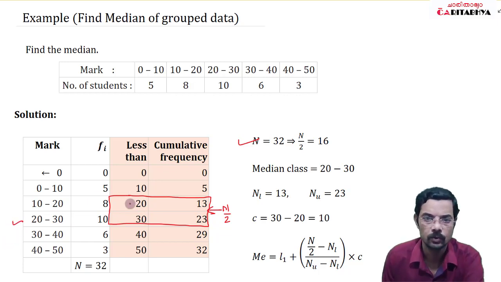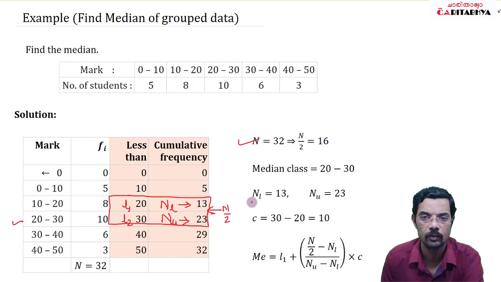This is the lower boundary point of the median class, that is L1, and this is L2. The cumulative frequency corresponding to the lower boundary point is NL, and this is NU, the number of observations below the upper boundary point of the median class, that is 23.